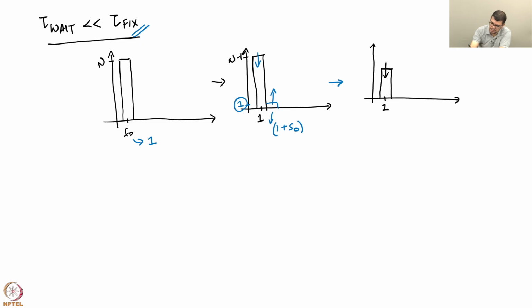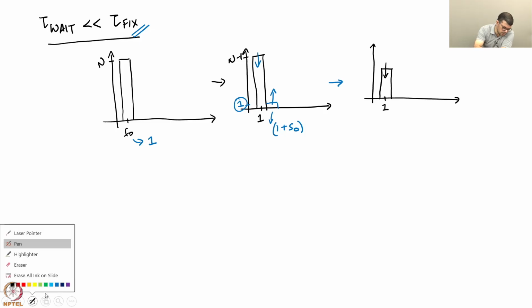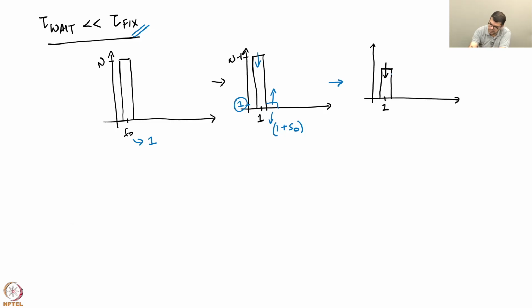The next genotype, the blue kind, at 1 plus s naught, is increasing with time, and it needs tau fix amount of time to reach fixation.